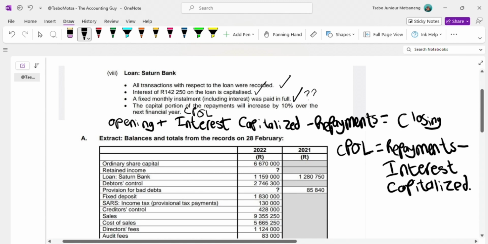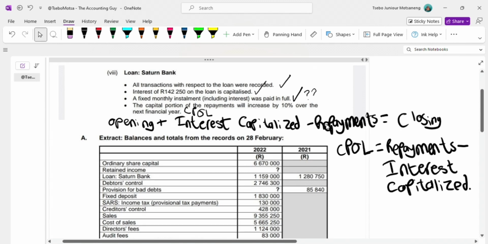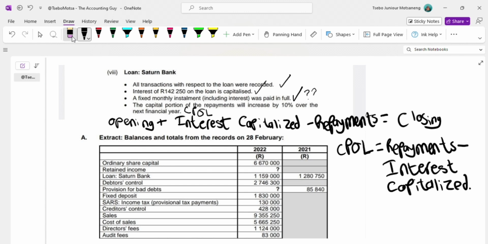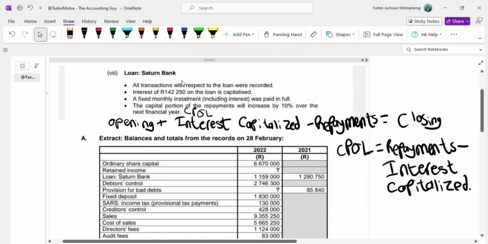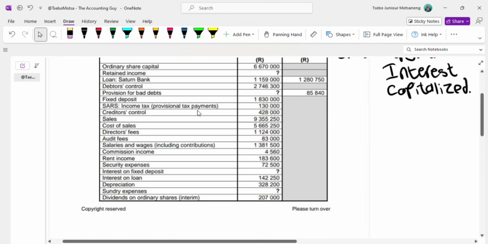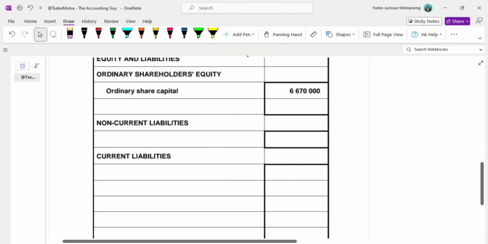So these two equations, I need you to know them, and you will not struggle anymore with dealing with a loan. So going to the statement of financial position, for our non-current liability, we'll have loan from certain bank. We'll just name it like that. And then for our current liability, we'll have current portion on loan.